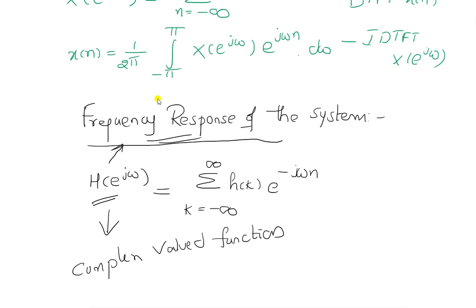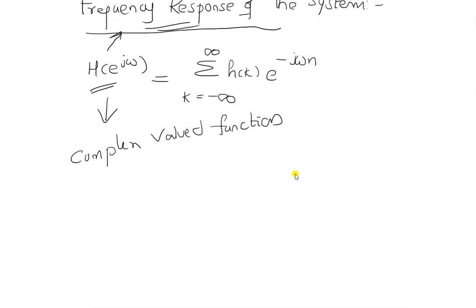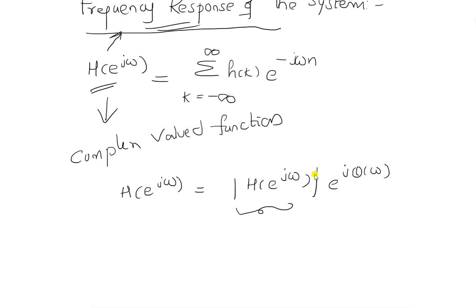That is given by H of e to the power of j omega expressed in polar form as modulus of H of e to the power of j omega into e to the power of j theta of omega. Where the modulus of H of e to the j omega indicates the magnitude response.